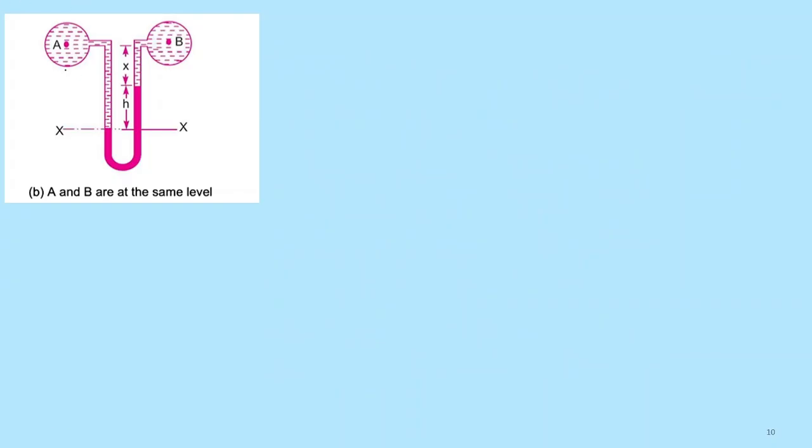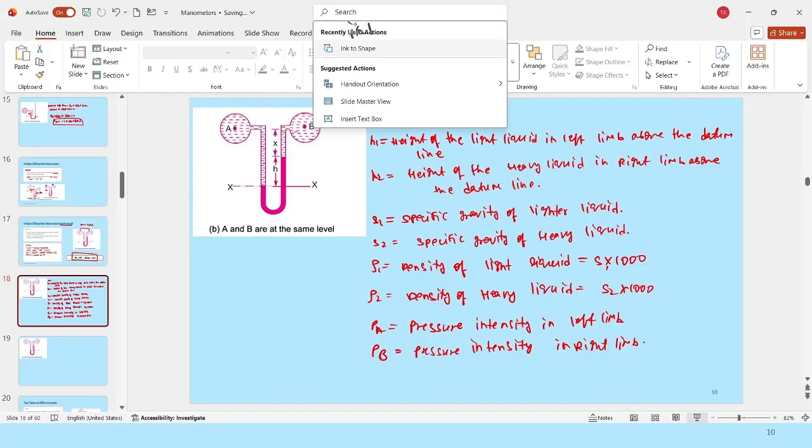So from the diagram we can write that pressure intensity in left limb equal to pressure intensity in right limb.